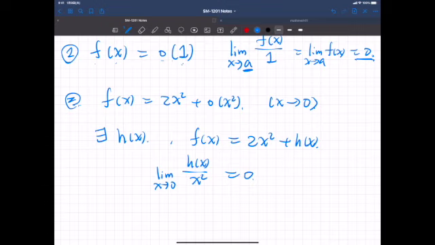Okay, so this means the contribution of h of x is very small compared to the contribution of x squared. So we can effectively ignore this term. So f of x behaves much like this function plus something which is negligible.